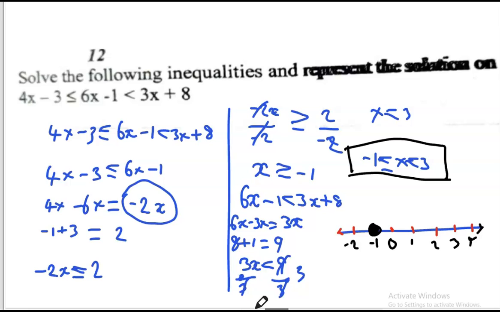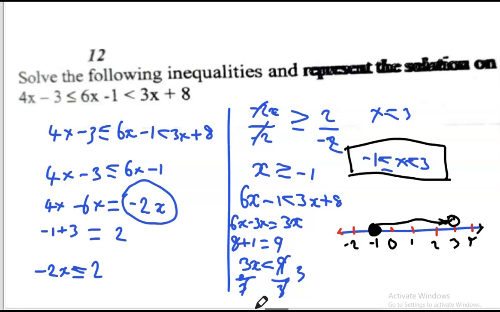It is negative 1 less than or equal to x less than 3, so the line goes up to less than 3. When you see 3 here, you put an open circle with an arrow. This shows that 3 is not included because we are not shading 3, but we shaded negative 1. So negative 1 is included, but 3 is not included.